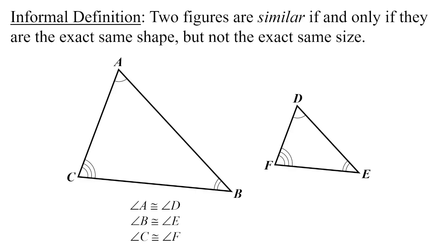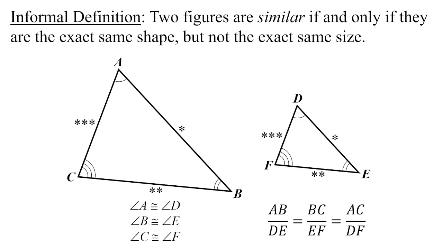They are proportional. And what do I mean by proportional? This means that the length of segment AB over the length of segment DE equals the length of segment BC over the length of segment EF equals the length of segment AC over the length of segment DF.